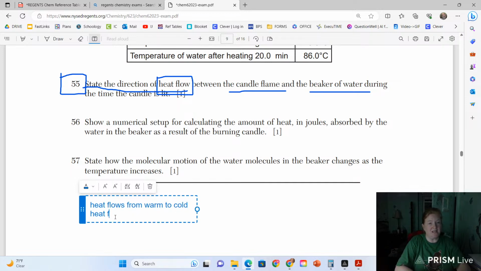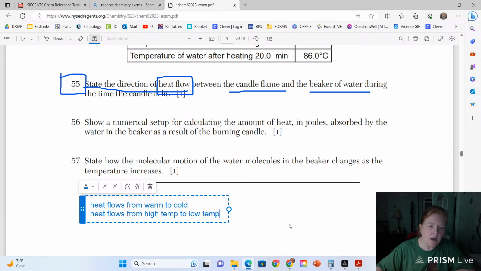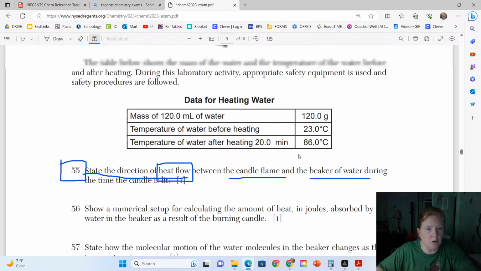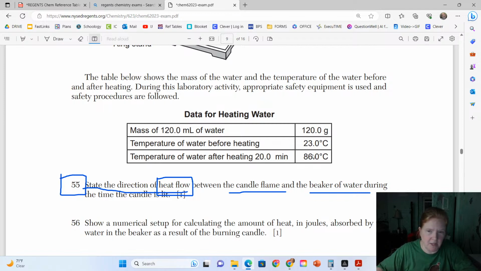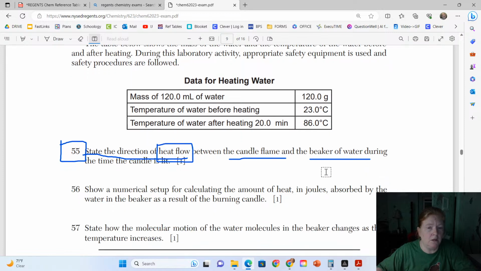Okay, so that means that heat flows from high temperature to low temperature 100% of the time. Do not say up, do not say heat rises, do not say down. No, you say heat flows from warm to cold. In this case, you get to figure out which one is warm and which one is cold. Okay, so obviously, this should be fairly obvious. You have the temperatures here for the beaker of water.